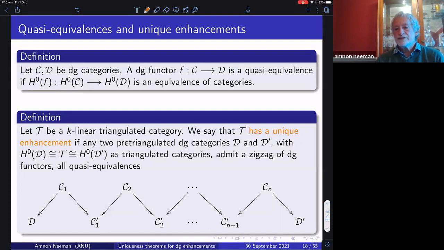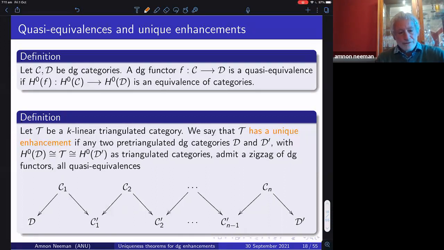It means that if you're given two DG categories, D and D dashed, with H naught of D and H naught of D dashed both being equivalent to T as triangulated categories, then there has to be a zigzag of DG functors, all quasi-equivalences, connecting them. So a finite zigzag, which actually shows that they're equivalent, already in the category of DG categories.